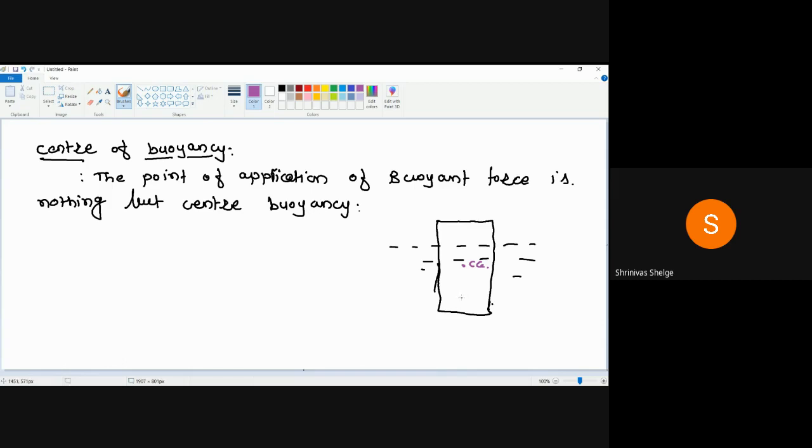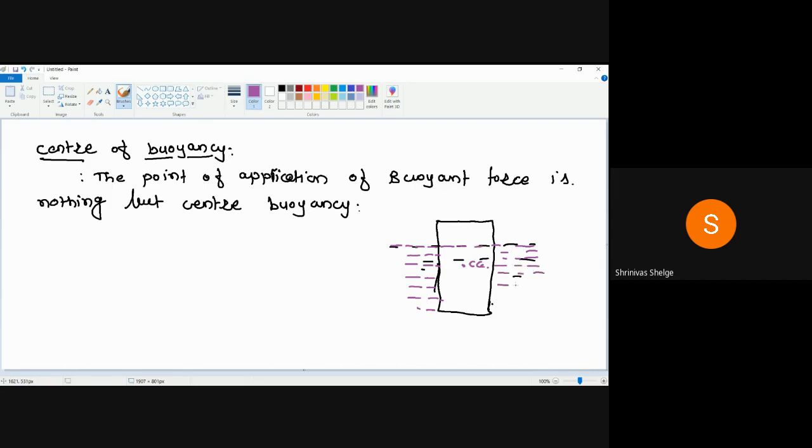Okay, so remember that the center of buoyancy is nothing but the center of gravity, or CG, of the submerged portion of the body. Getting my point? So this is the fluid actually. I will show you this fluid, so it will be very clear.